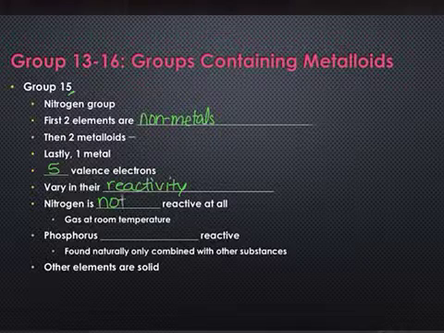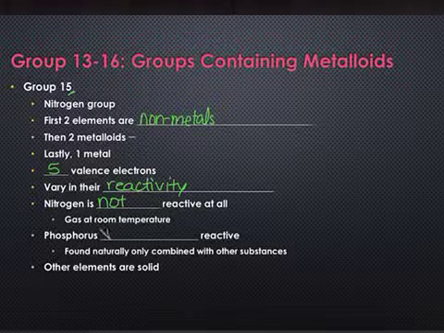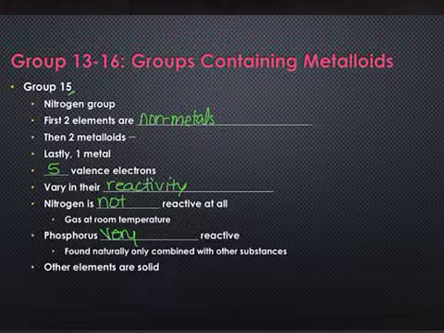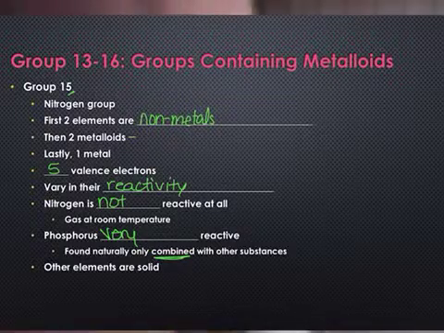Nitrogen is one that is not reactive at all, and it's a gas at room temperature. However, phosphorus is very reactive, and since it's so reactive, it has to be combined with other substances in nature. All of these other elements are solid.